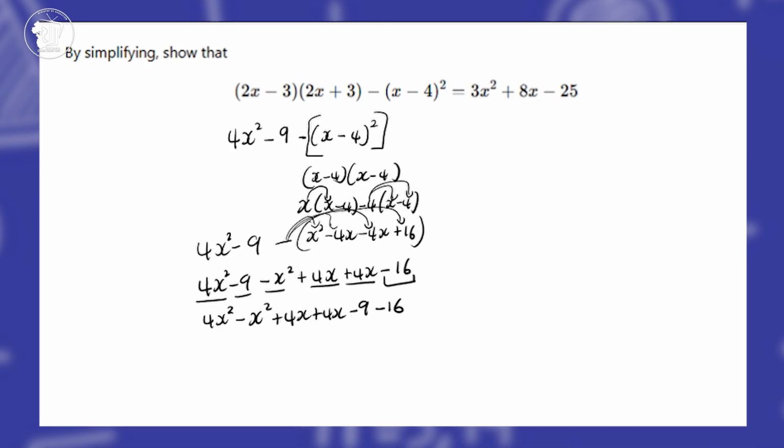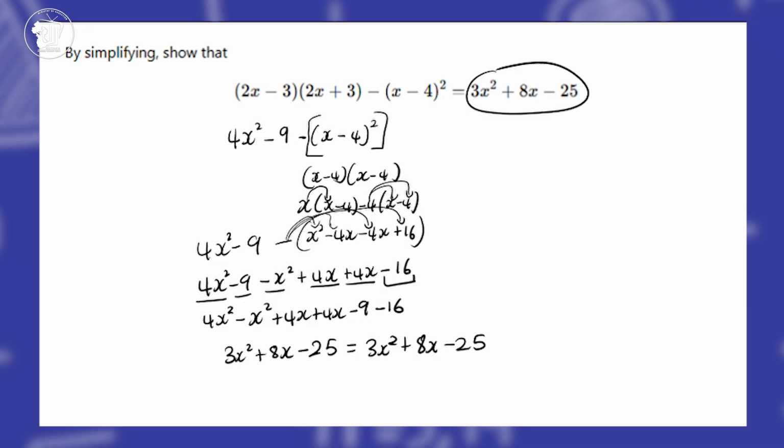So when we simplify, 4x² - x² will become 3x². 4x + 4x will become +8x. And -9 - 16 will become -25. And this is equal to exactly what we have on this side here, which is 3x² + 8x - 25.